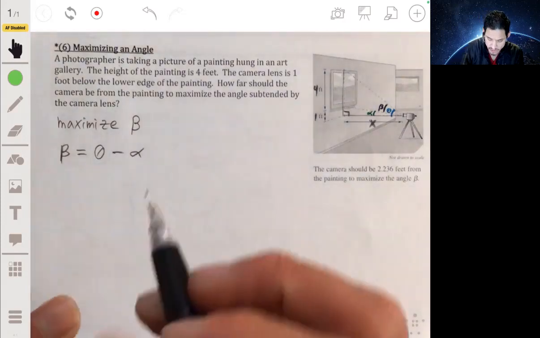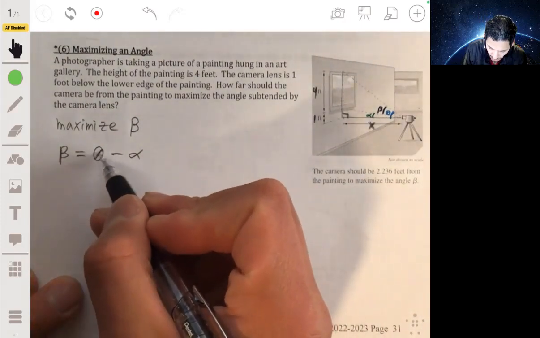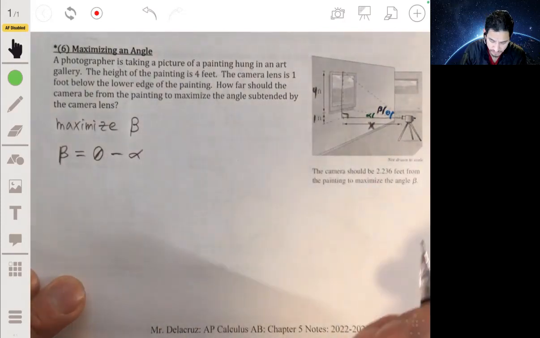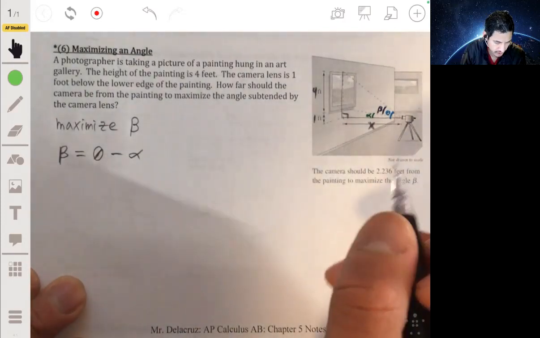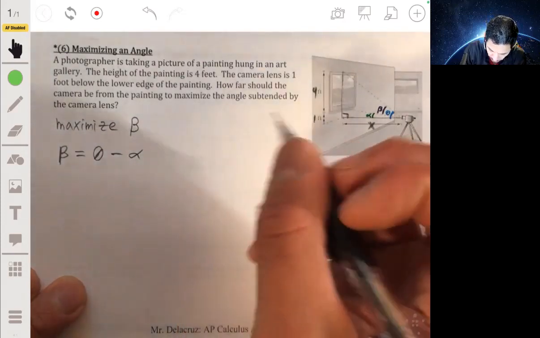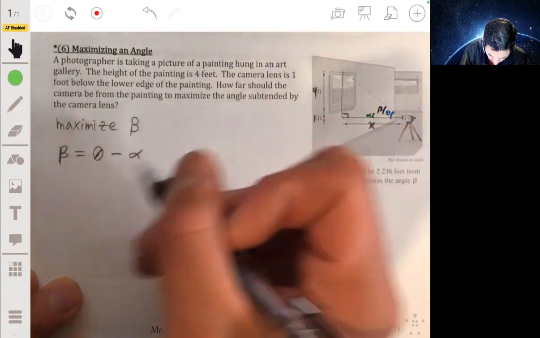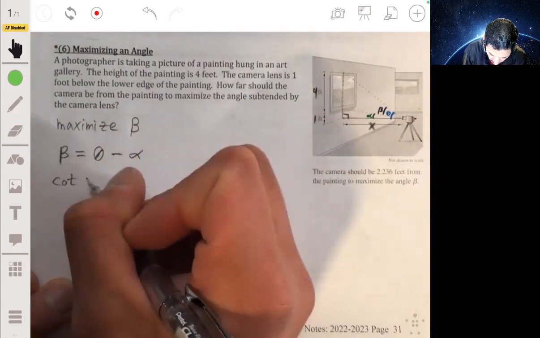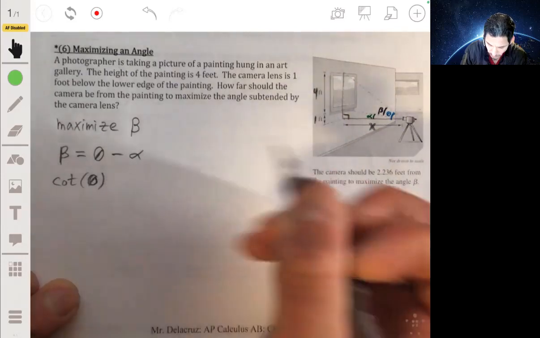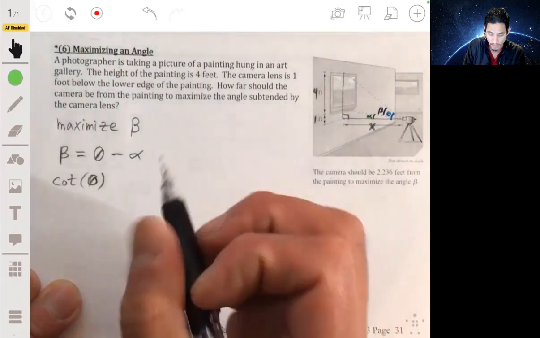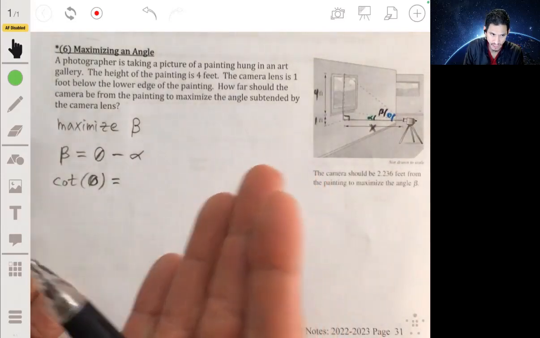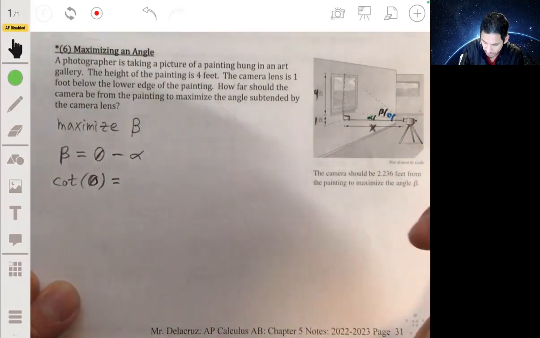So let's first define the angles theta and alpha in terms of X. And for that, we're going to use the cotangent function. So then the cotangent of theta, it'll be the adjacent side over the opposite side.